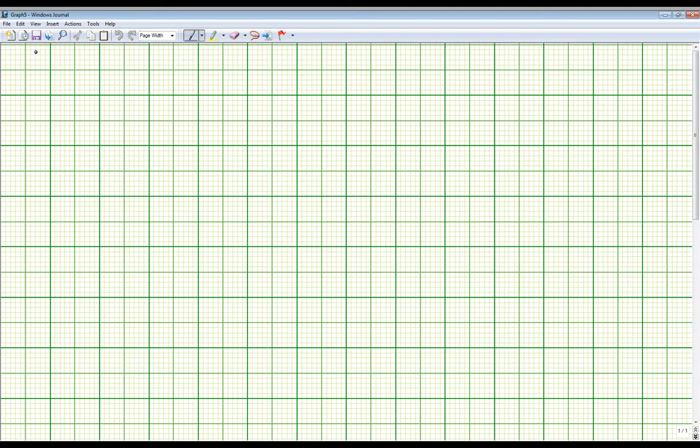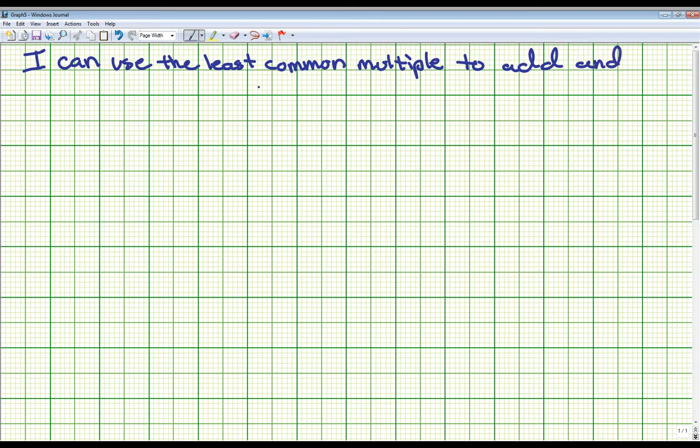So our learning target will say, I can use the least common multiple to add and subtract fractions with unlike denominators.